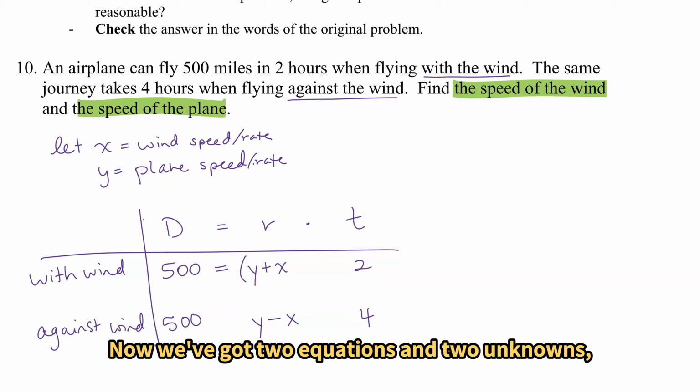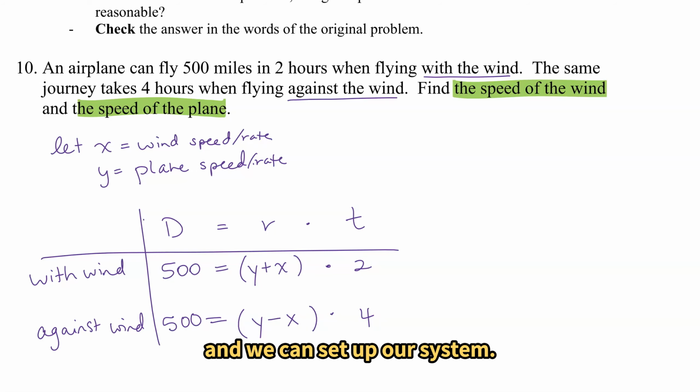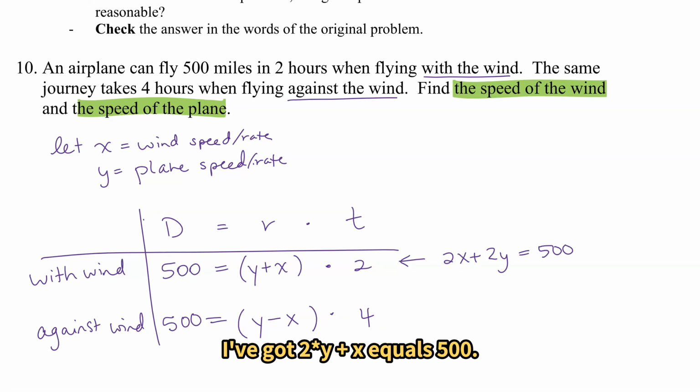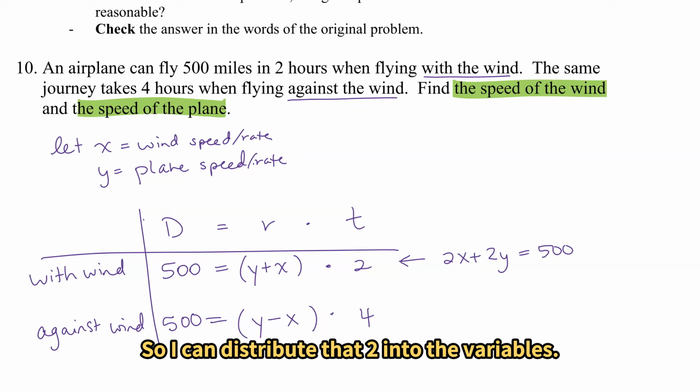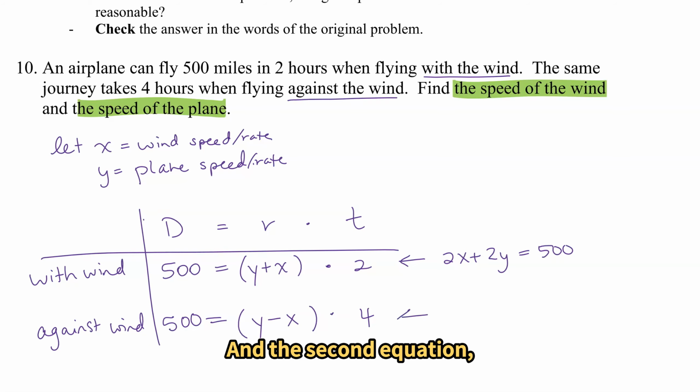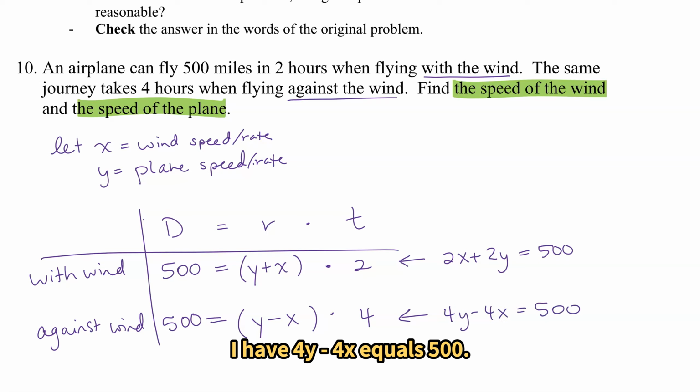Now, we've got two equations and two unknowns, and we can set up our system. So this first equation, I've got 2 times y plus x equals 500. I can distribute that 2 into the variables. And the second equation, I have 4 times y minus x equals 500, so 4y minus 4x equals 500.